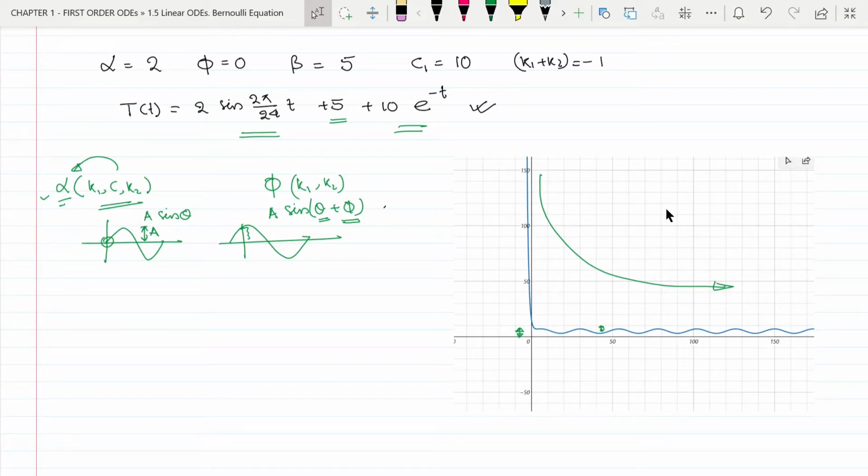So this value is a sine phi. So this sine phi term keeps the shape of the sine wave same but shifts it to left and right depending on the value of phi. And phi is controlled by k1 and k2. So k1 and k2, these two terms also contribute to the phase shift of the oscillation of the graph. So we see that k1, k2 contribute to the amplitude also and also to the phase shift.